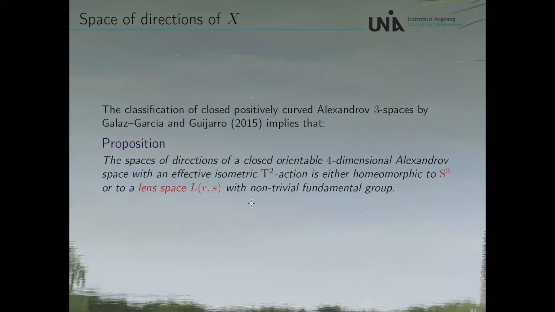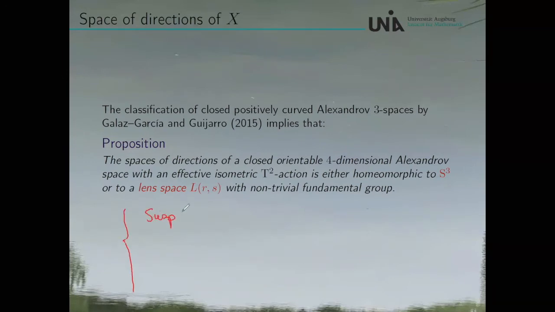Such Alexandrov spaces were classified by Fernando and Luis, and it says that every positively curved Alexandrov space in dimension 3 is either the suspension of RP2 or a spherical space form. Okay, but in our case, since we assume the orientability of Alexandrov spaces, this cannot occur. And among the spherical space forms, only spheres and lens spaces with non-trivial fundamental group can occur.